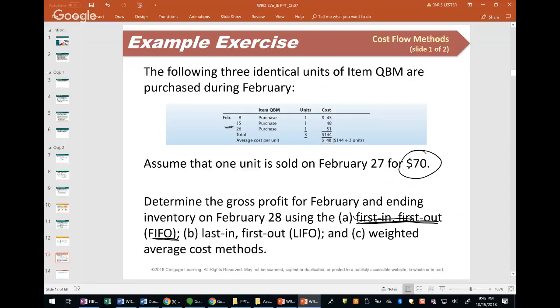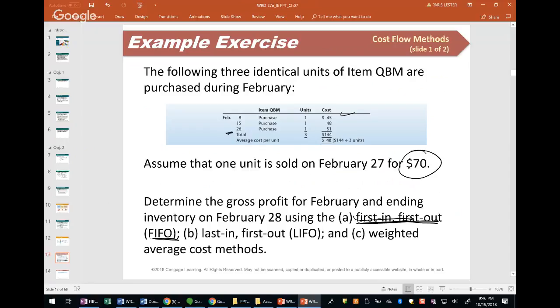What unit did we sell if we're using first in, first out? Wait a minute, we sold one here on the 27th, didn't we? We'd already bought 3 units. Now, which one did we sell for how much? That's right. We sold the first one in.